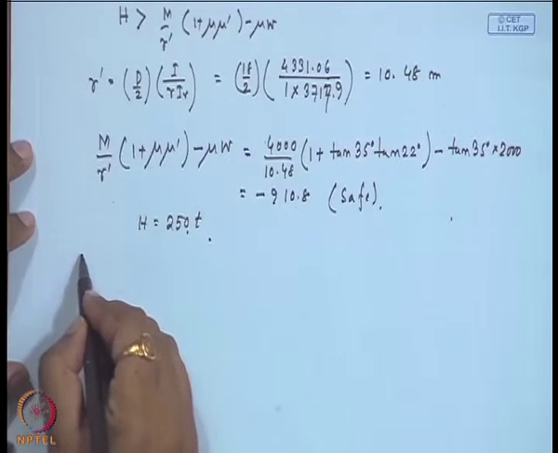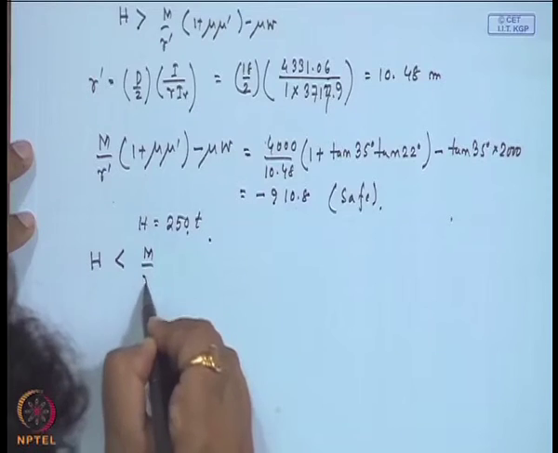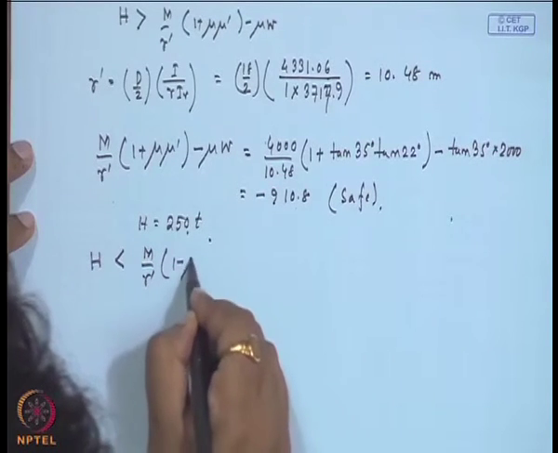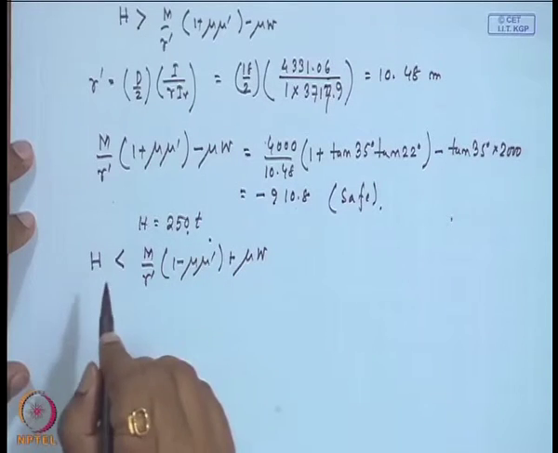The next check that you have to conduct is that H should be less than m by r dash 1 minus mu dash plus mu w.